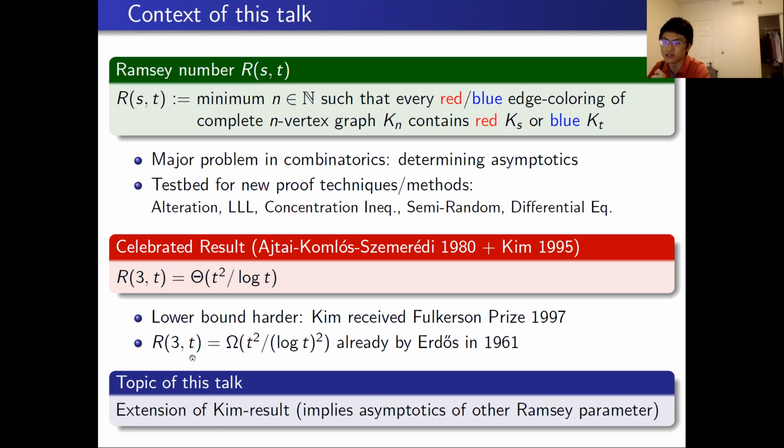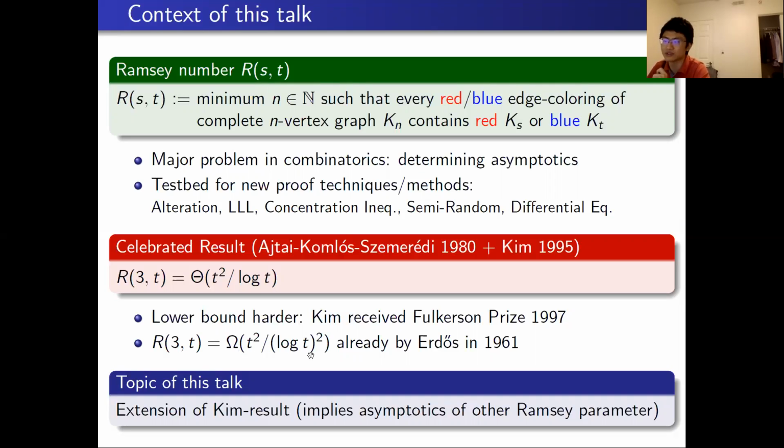For the lower bound, Erdős already in 1961 found that the Ramsey number R(3,t) is at least some constant times t squared over log t squared. As you can see, there is an actual log factor between Erdős's bound and the real lower bound.